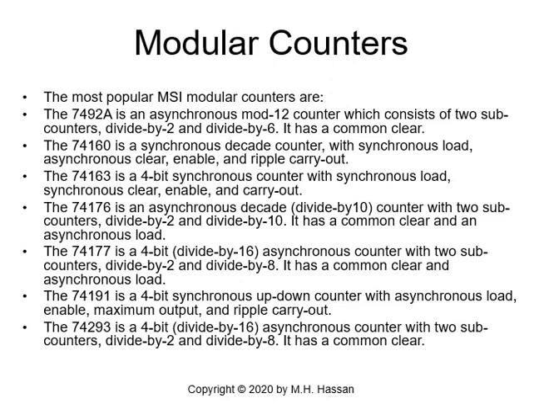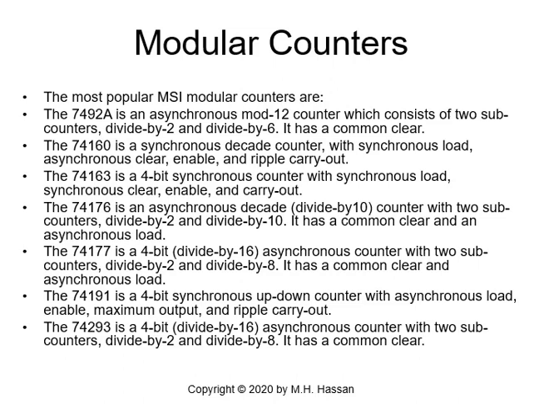The 74176 is an asynchronous decade divide by 10 counter with two subcounters, divide by 2 and divide by 10. It has common clear and an asynchronous load. The 74177 is a 4-bit divide by 16 asynchronous counter with two subcounters, divide by 2 and divide by 8. It has a common clear and asynchronous load.